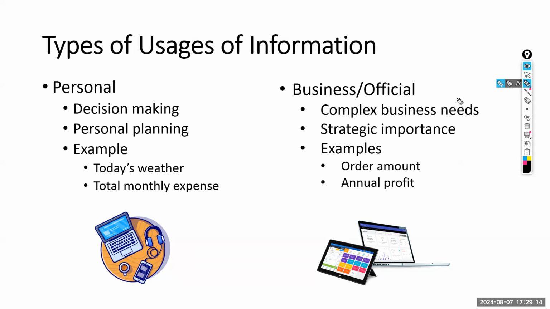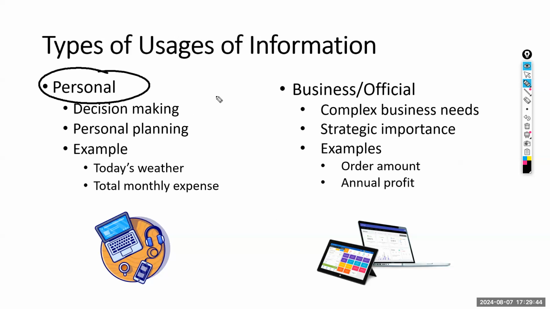So we can subdivide information, or data also, into two types depending on the usages. Some data and information we use for our personal things. That is why you have personal computers and personal smartphones to do your personal things. Your smartphone is also a data processing device.